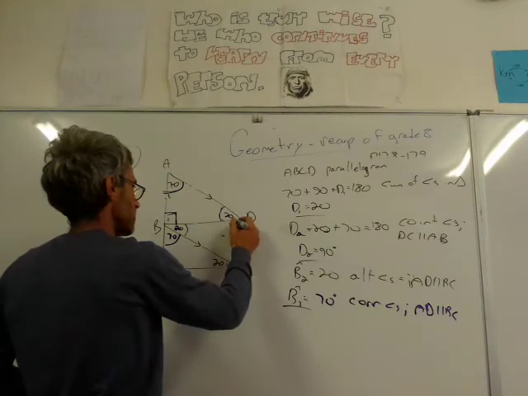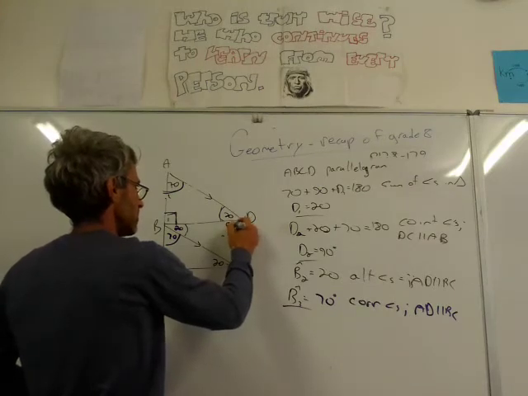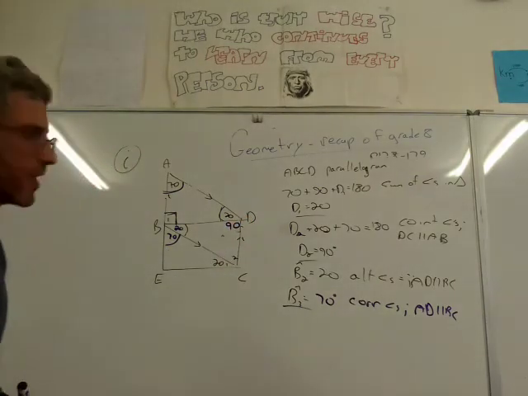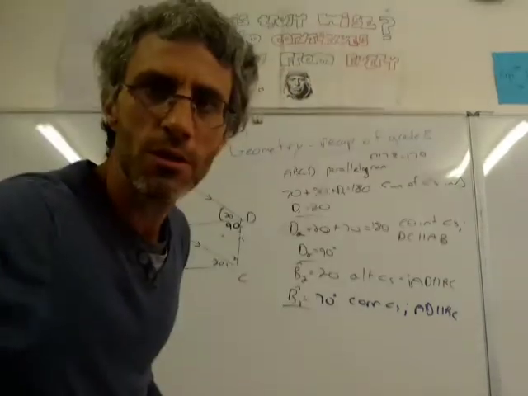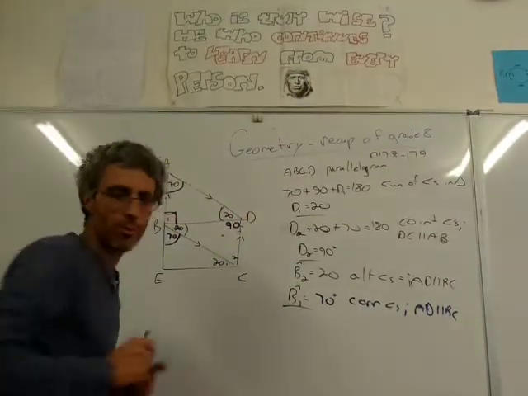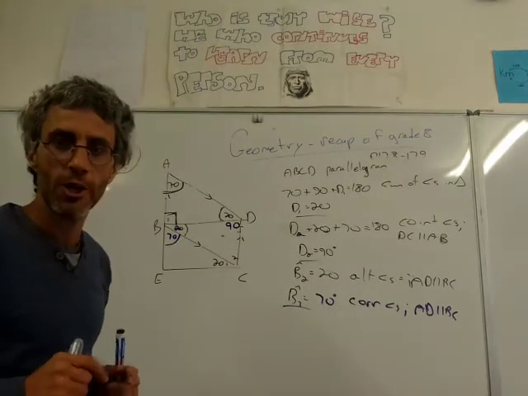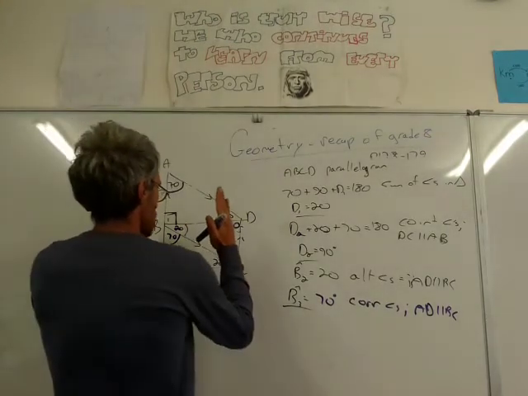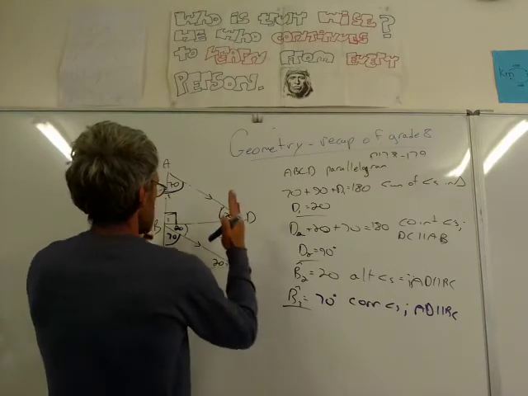Is that right? Okay, so I want to show that. So now they're telling me that this quadrilateral is a parallelogram. In other words, I need to prove that there are two lines that are parallel to each other.